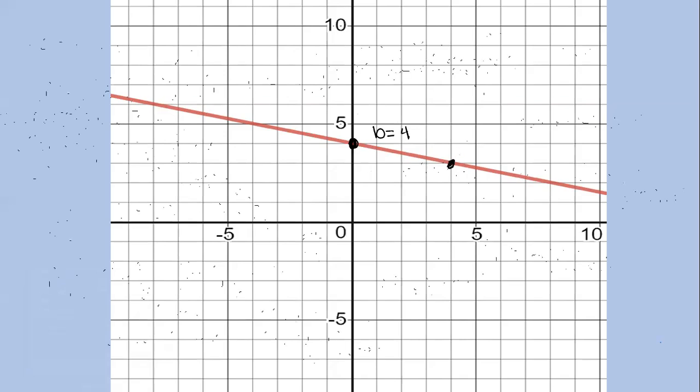Anyone want to go ahead and annotate my screen for me and find the slope? Okay, awesome, thank you.